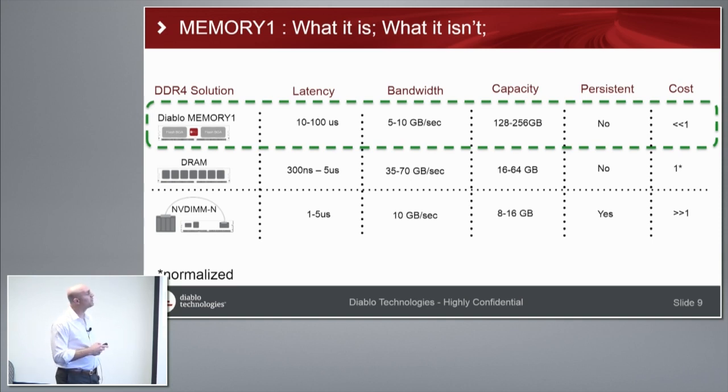We are not as fast as DRAM, and that's okay. We'll talk later about why that is totally okay. But we're still much faster than any storage product on the market, though it behaves differently. It has different optimizations. We can't do things they can do, they can't do things we can do, and that's okay. They're different products.